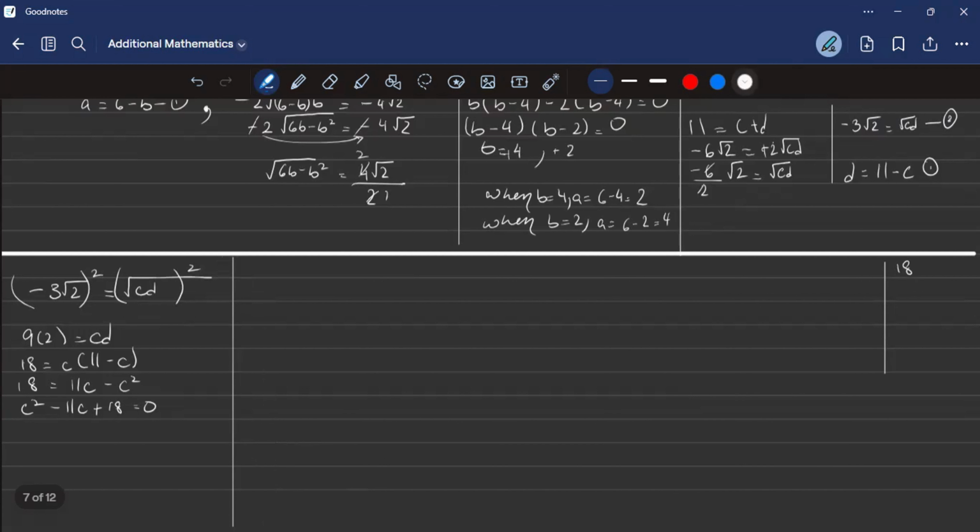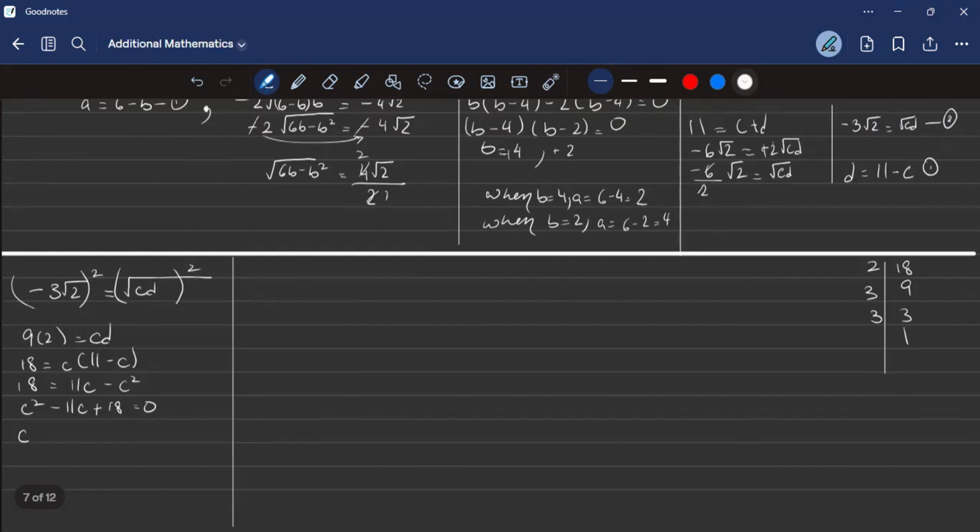I could take 9 2s as 18, but that would not be so good. 2 9s are 18, 3 3s are 9, 3 1s are 3. So we have to make 11: 3 3s are 9, 10, 11.